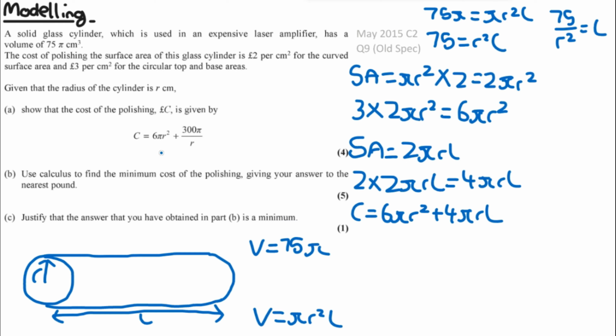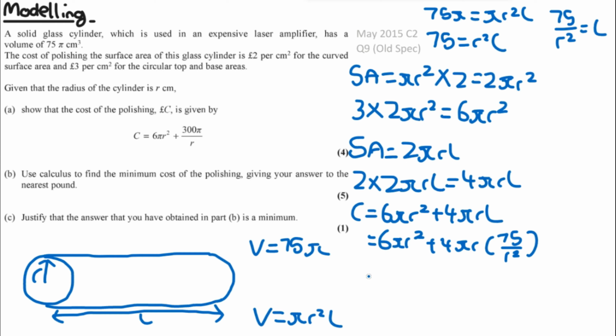So this is the equation, however L is not present in the final equation, so we need to get rid of this L, and we can do this by using the equation that we mentioned before and subbing this in for L. So this is going to be equal to 6 pi r squared plus 4 pi r times L, so it's going to be times this, so 75 over r squared.